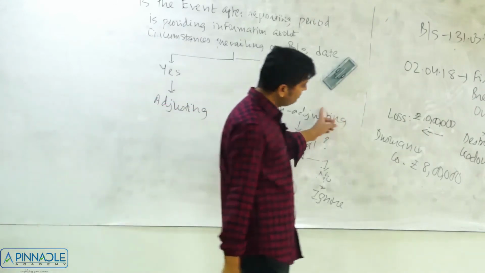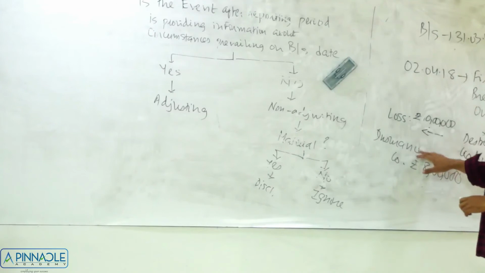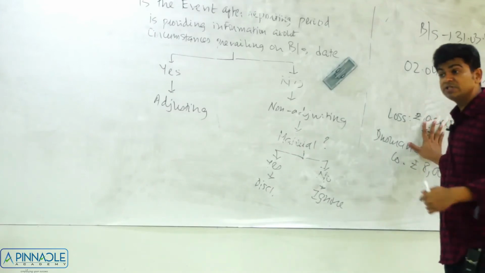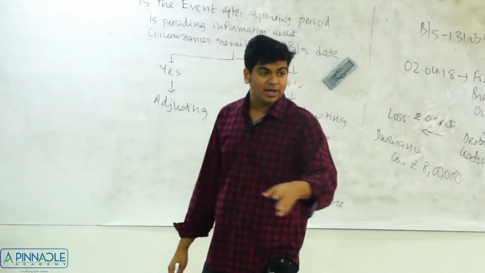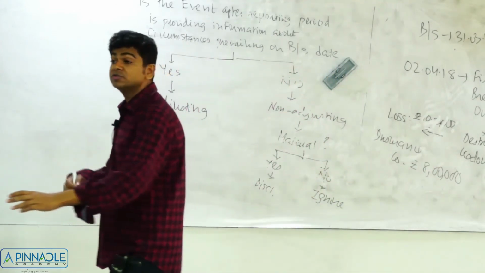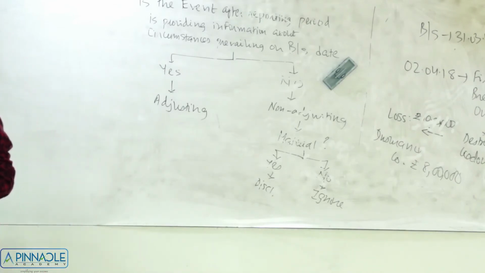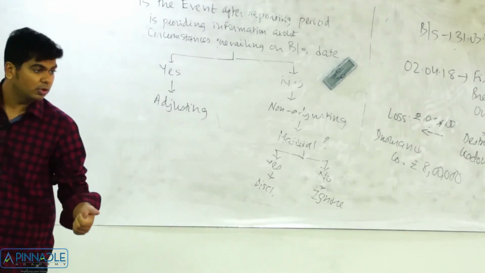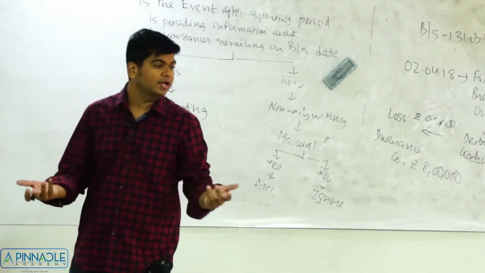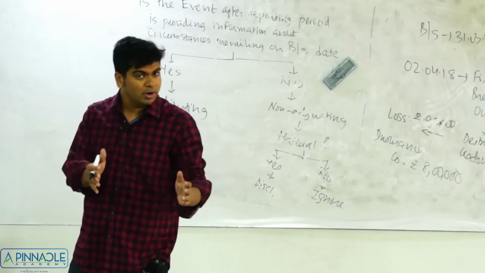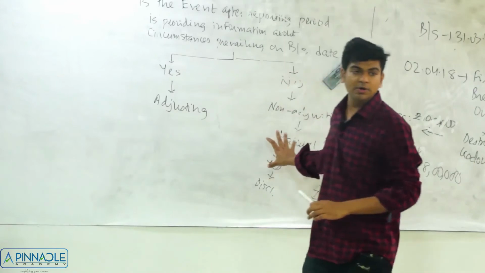And finally, the last thing here. As you are saying, a major fire has broken out and your godown has been destroyed. It should not be that the fire is so major that your entire industrial unit has been destroyed, and the loss is so huge that perhaps you will not be able to continue your business anymore. In such a situation, you are no longer a going concern, and then this event is no longer non-adjusting.